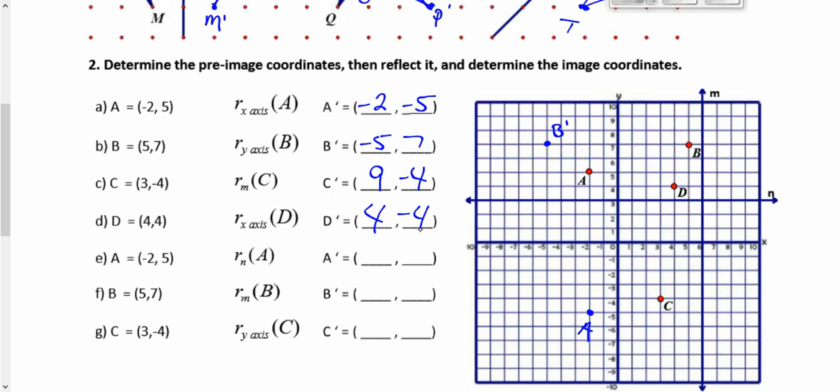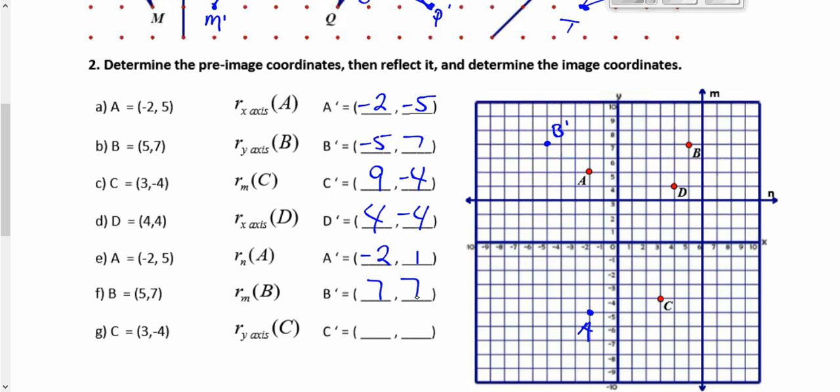Anybody get E yet? -2, 1, you said? Yep. And reflecting point B. Everybody good with 7, 7? And the last one there, C, in a different axis.